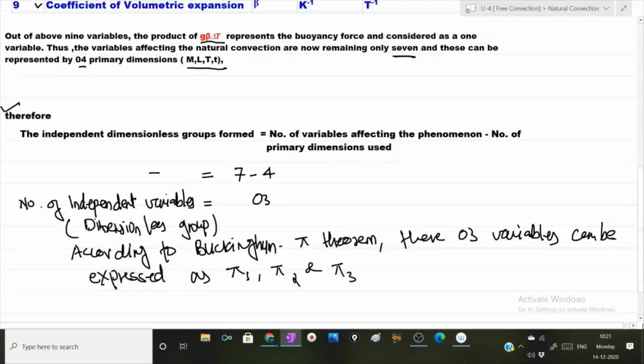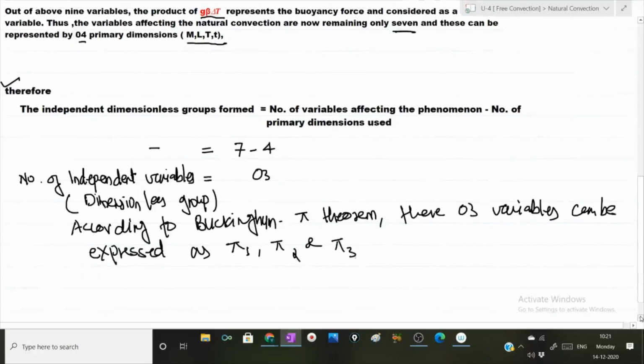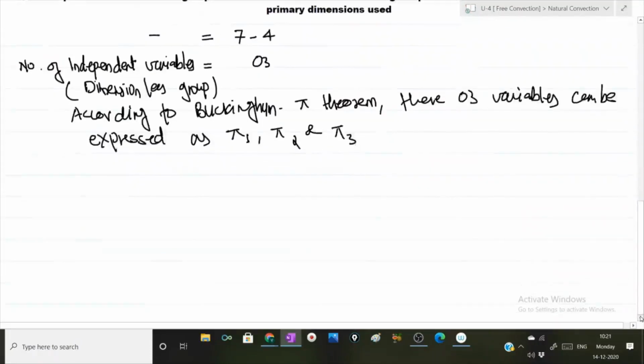And these three groups, pi1, pi2, pi3, will be non-dimensional. Now, these seven variables are expressed in terms of pi1, pi2 and pi3; we have to regroup the different variables into these non-dimensional groups pi1, pi2 and pi3.